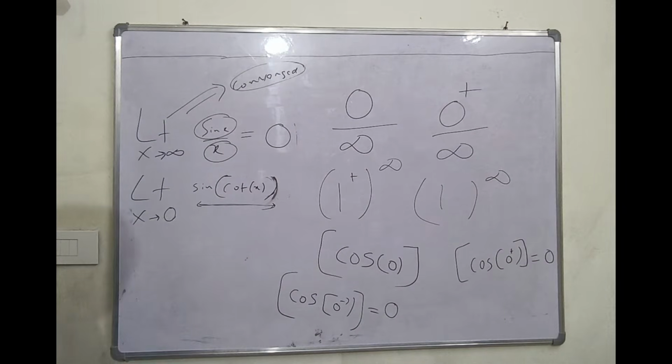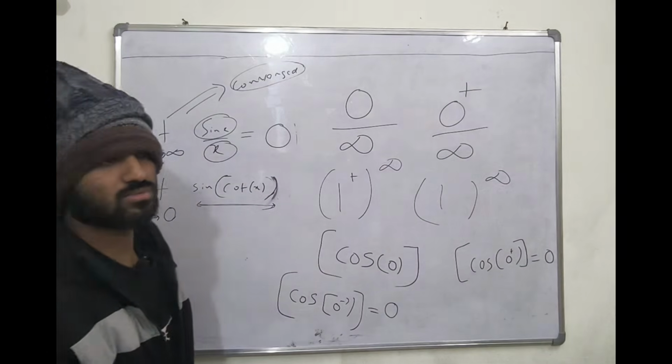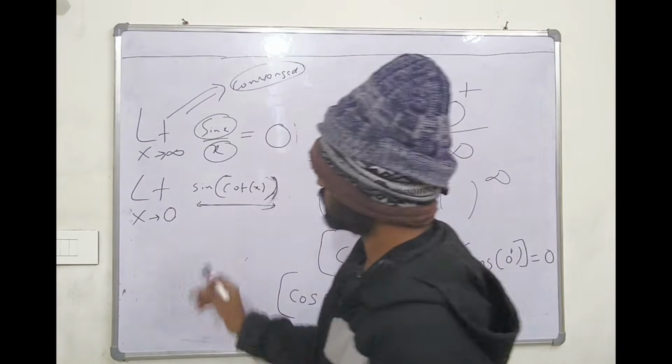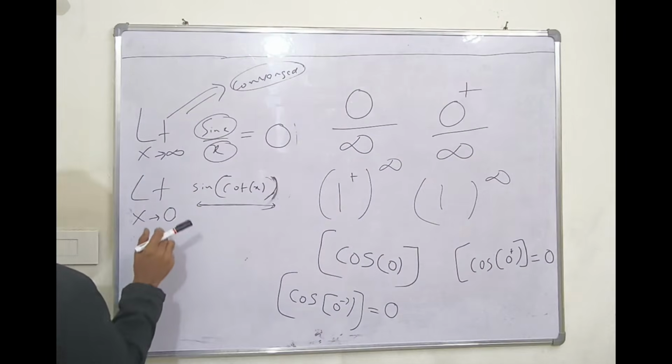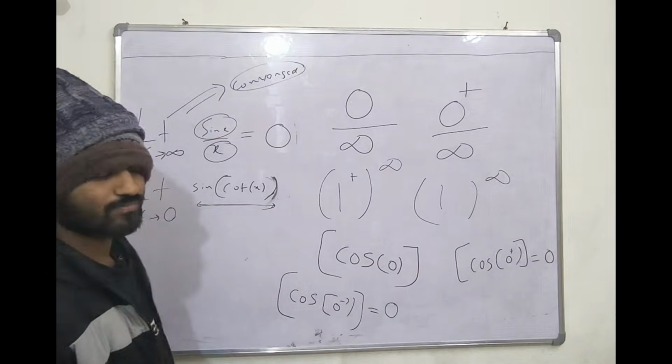Why? Because cot x is very highly sensitive. Sensitive in the sense that for small variation in x, it oscillates rapidly.